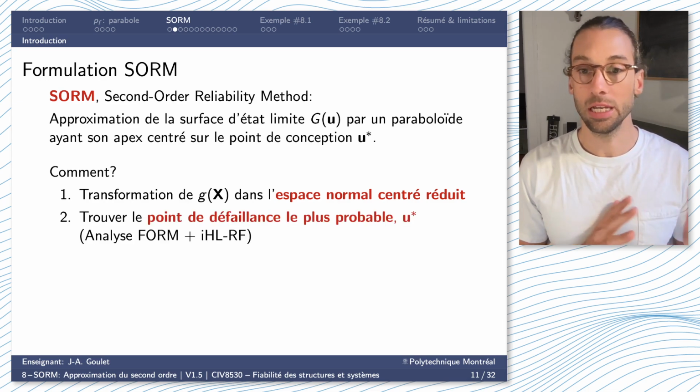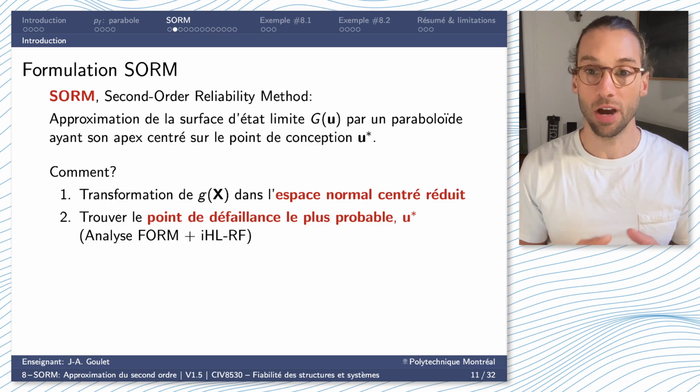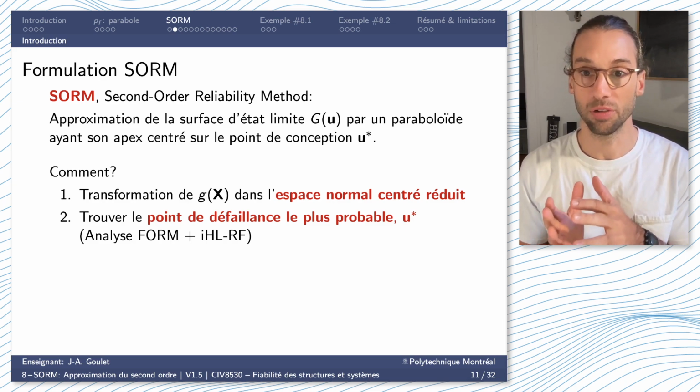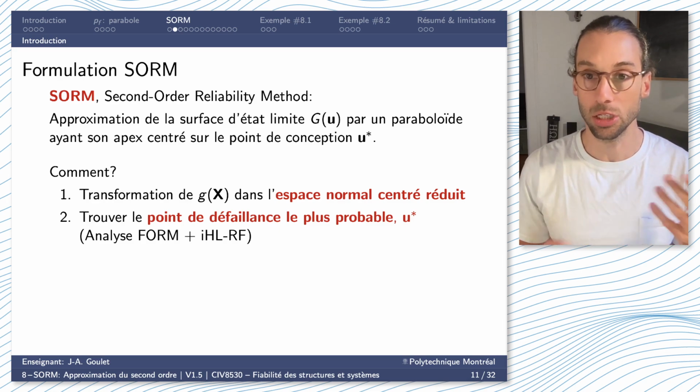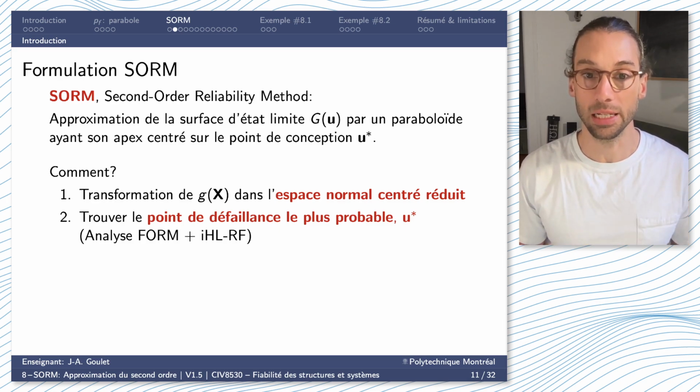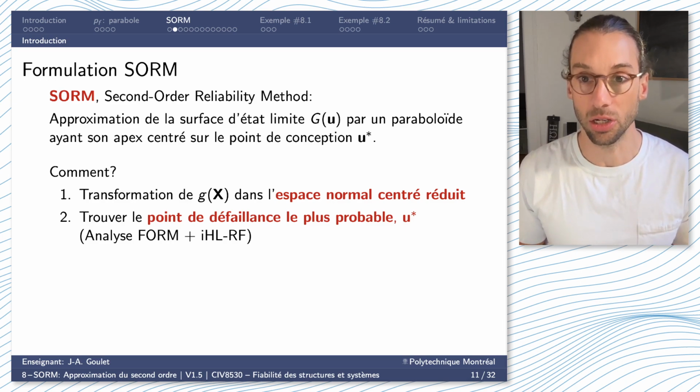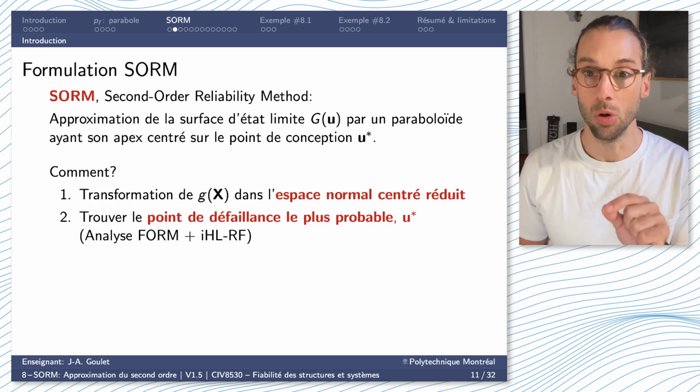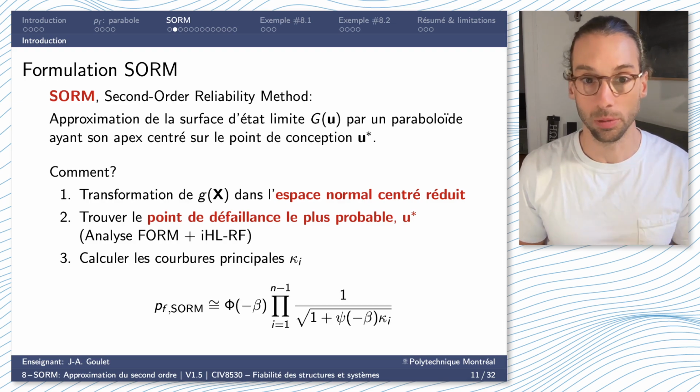Then, just like we did for FORM, we're going to find a design point. So we're going to find a U star in the standard normal space using, again, a FORM analysis and the iHLRF algorithm to find the most probable failure point.